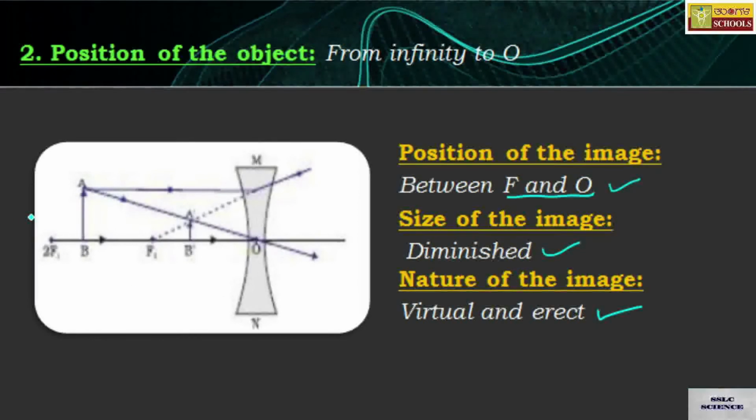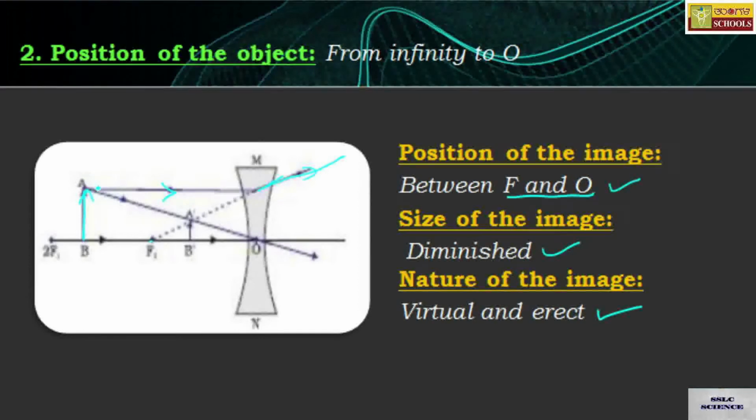So what you do now, just place the object. For example, you place the object AB between 2f1 and f1. You draw the ray of light which is parallel to the principal axis. After refraction, it will go like this. So bring that back at f1 here.